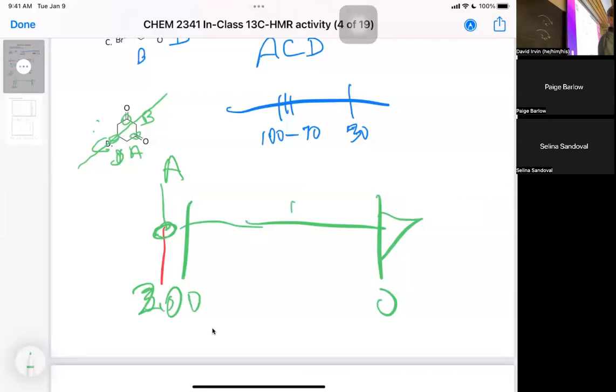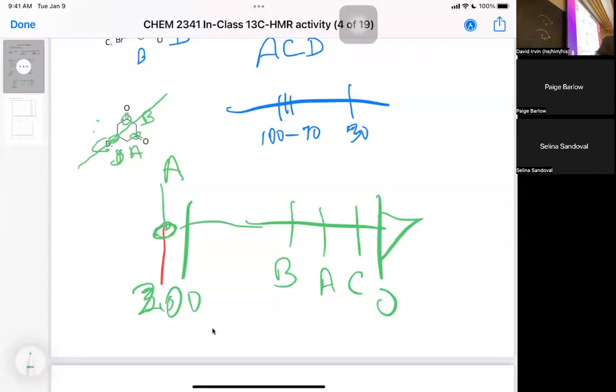So that means we're going to have B, A, and C. C is the furthest away. It only sees 2 CH2s, and then it sees a carbonyl through multiple bonds. It has to go through 2 bonds before it sees the carbonyl. Here, this one has a carbonyl within 1 bond of it, so it's shifted highest. Does that make sense?